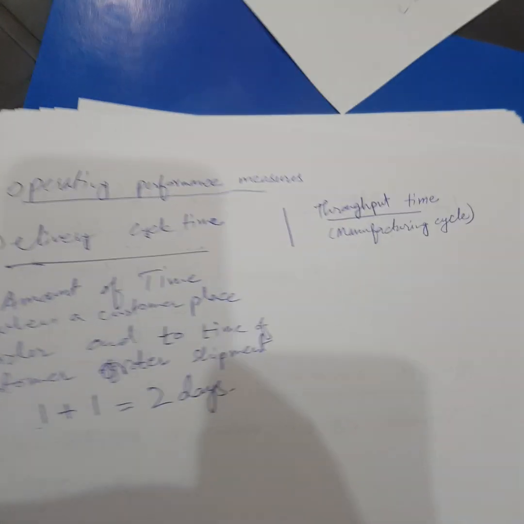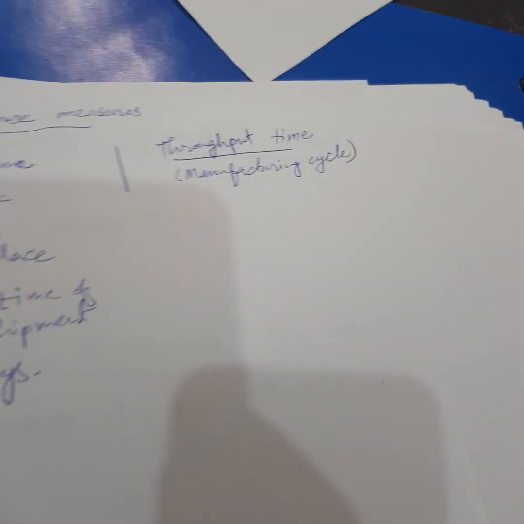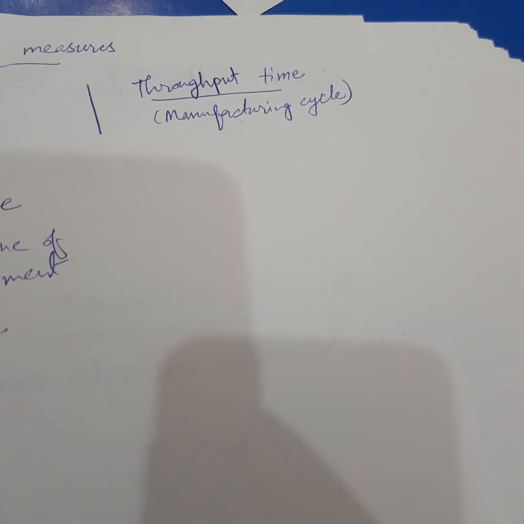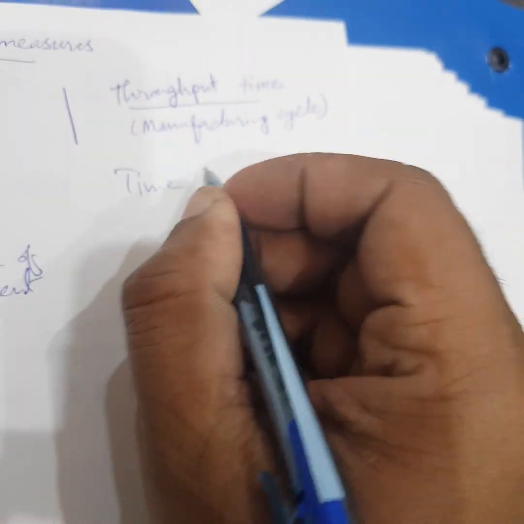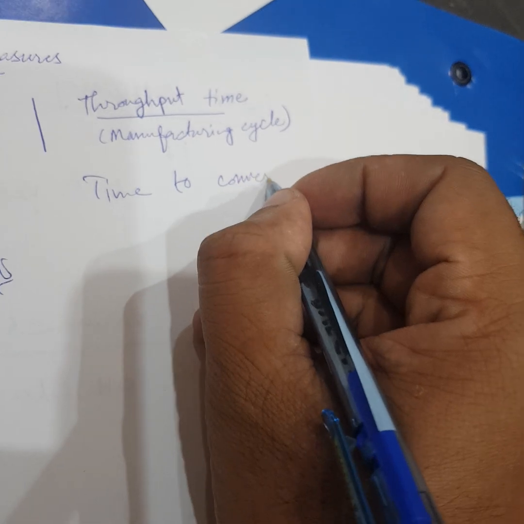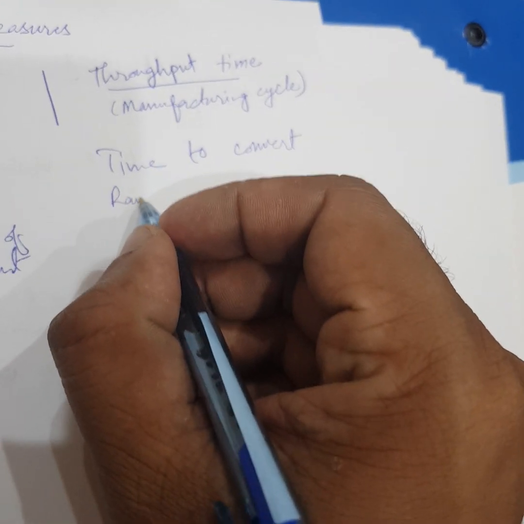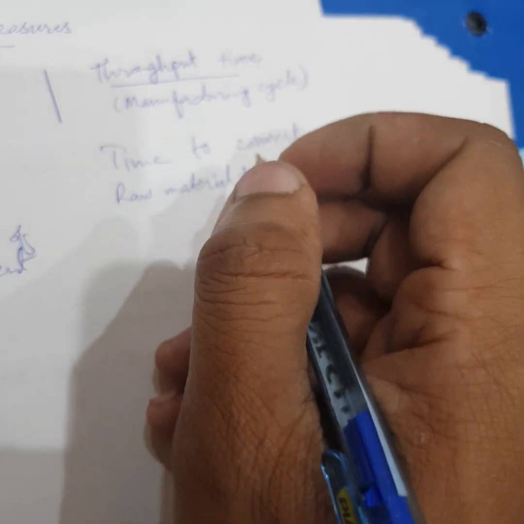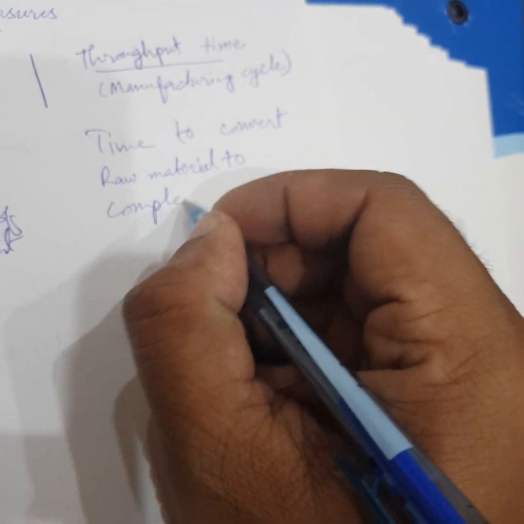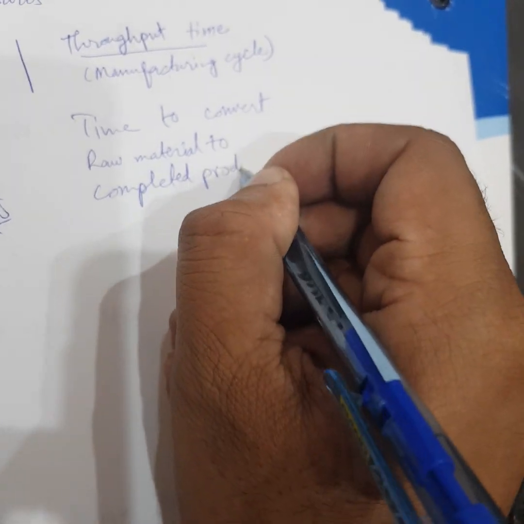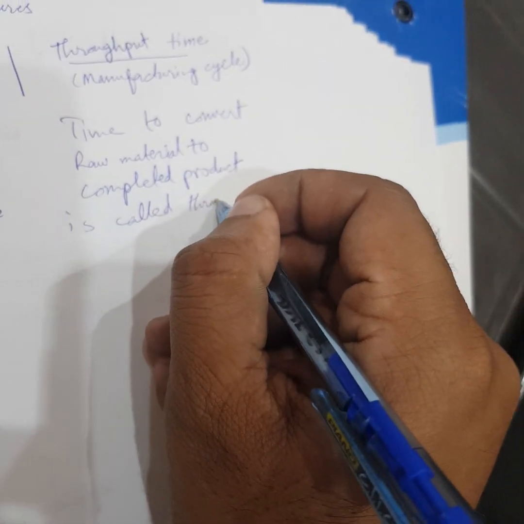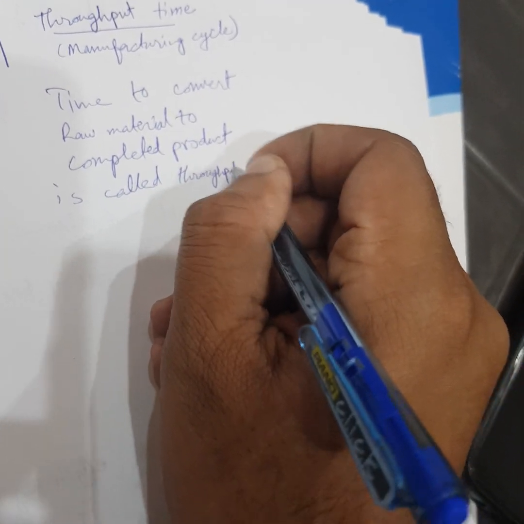In the same way, what is the throughput time? Throughput time can be defined as the amount of time required to turn raw material into completed product. The time to convert raw material to completed product is called throughput time.